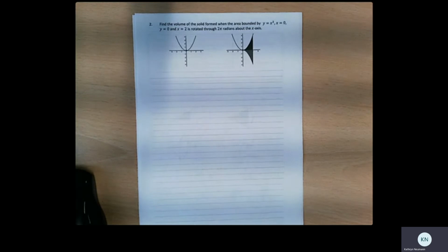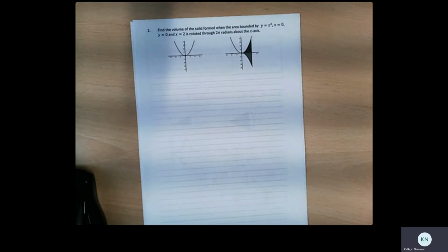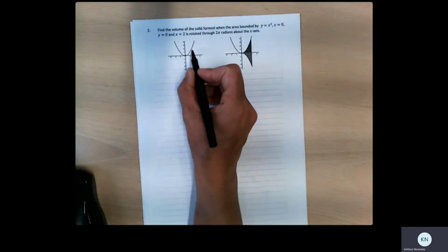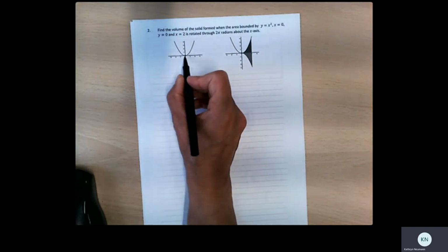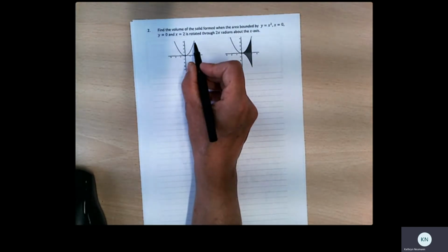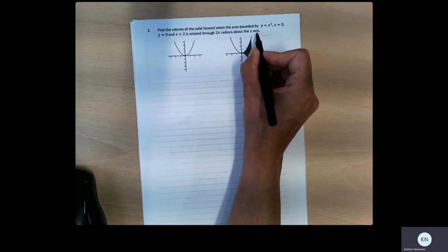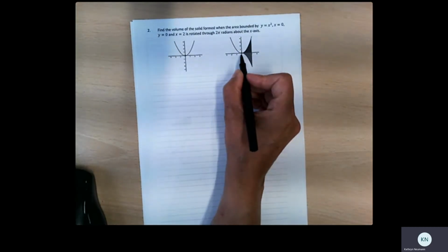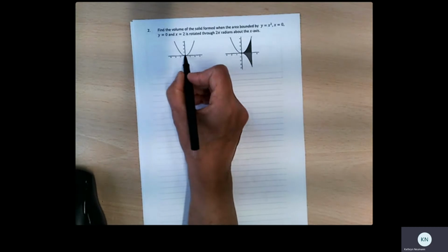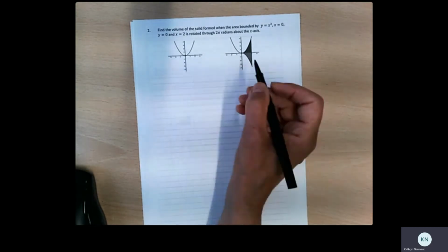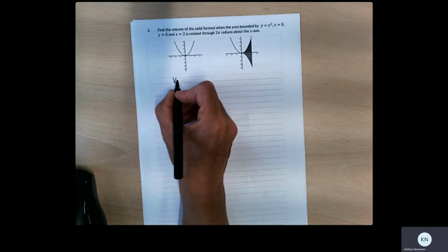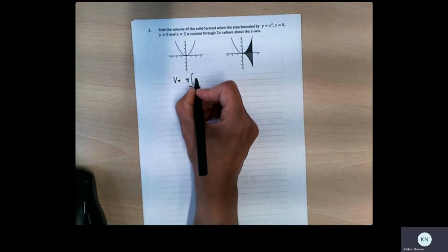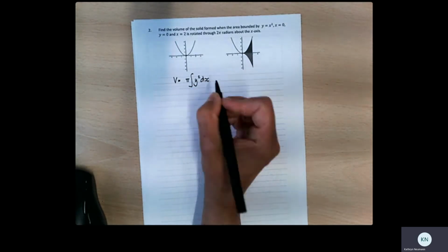This time we've got a curve. So this time we've got y equals x squared, and we're rotating it about the x-axis. Always check which axis you're rotating about. And we are interested between 0 and 2, so this section here. So again, the volume of revolution is given by pi times the integral of y squared dx.